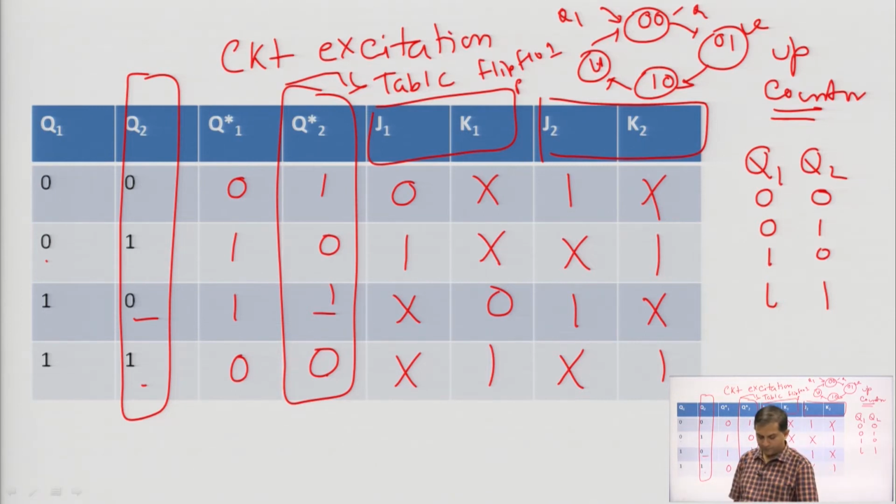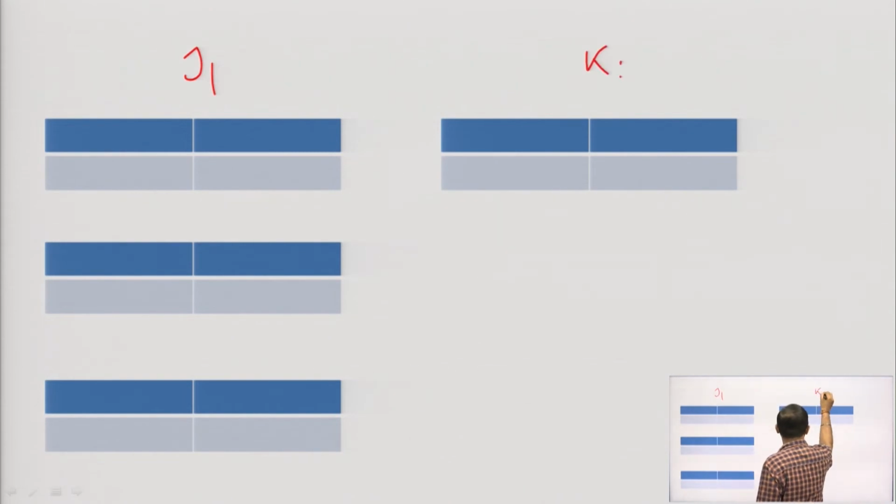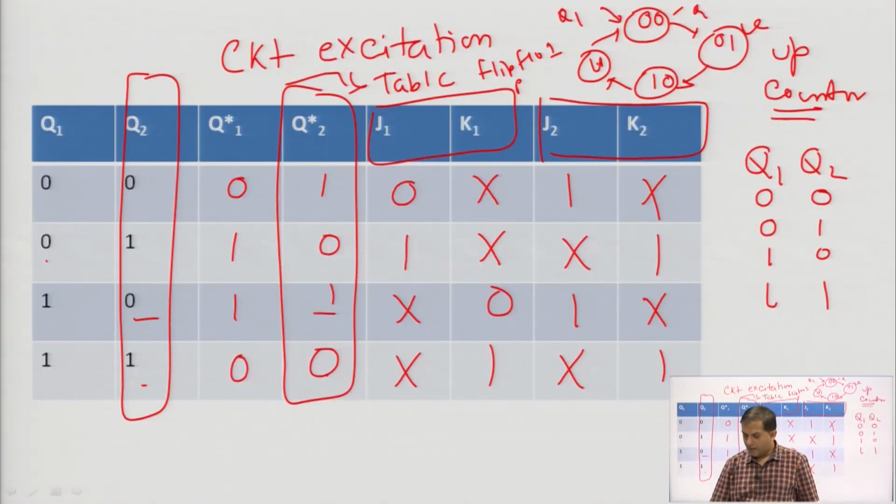Now, we will write the K map. There will be 4 K maps, one for J1, one for K1, one for J2 and one for K2. Okay. So, this is for J1, this is for K1, this is for J2, this is for K2. The inputs are Q1 and Q2, these are the two inputs.